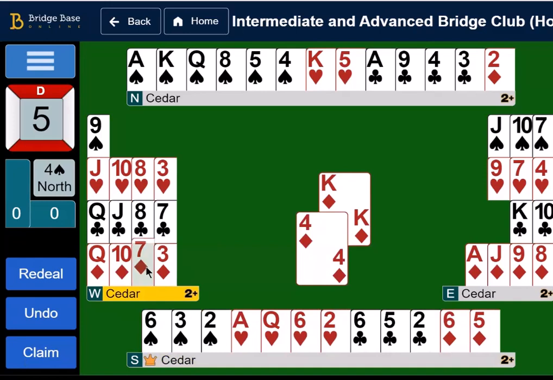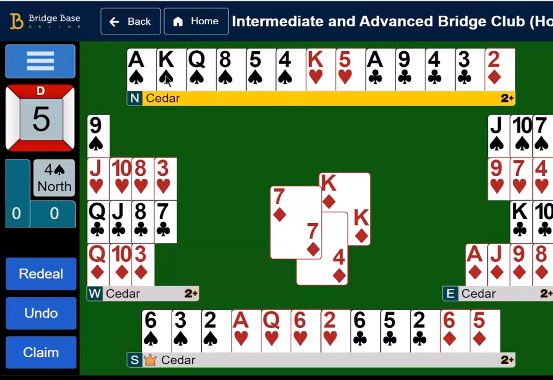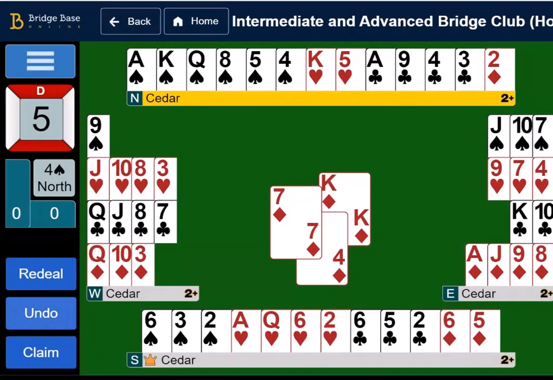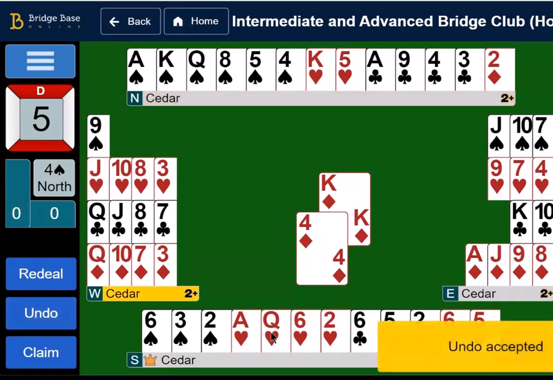It says in the original file that South plays the seven. I disapprove of things like that. Oops, let me go undo. I think you should always try and give the clearest signal possible.